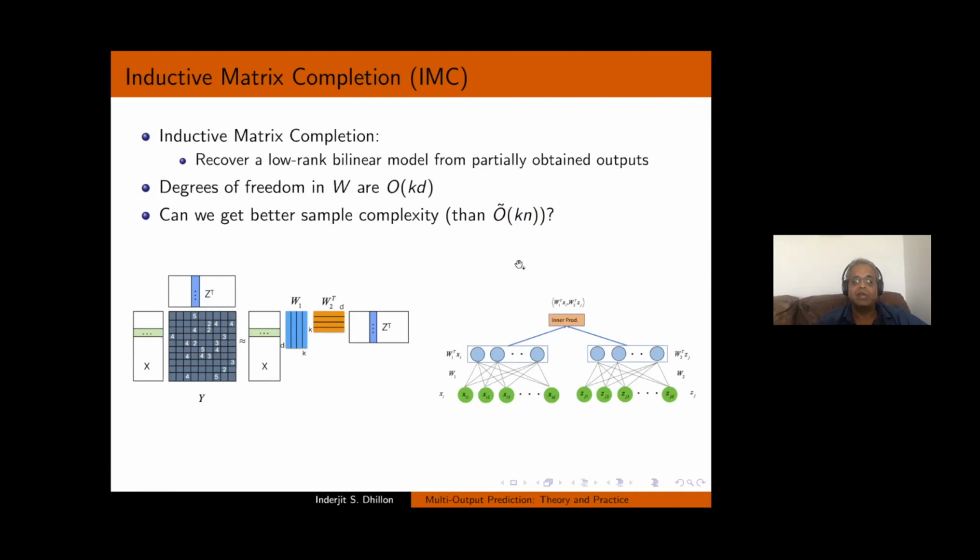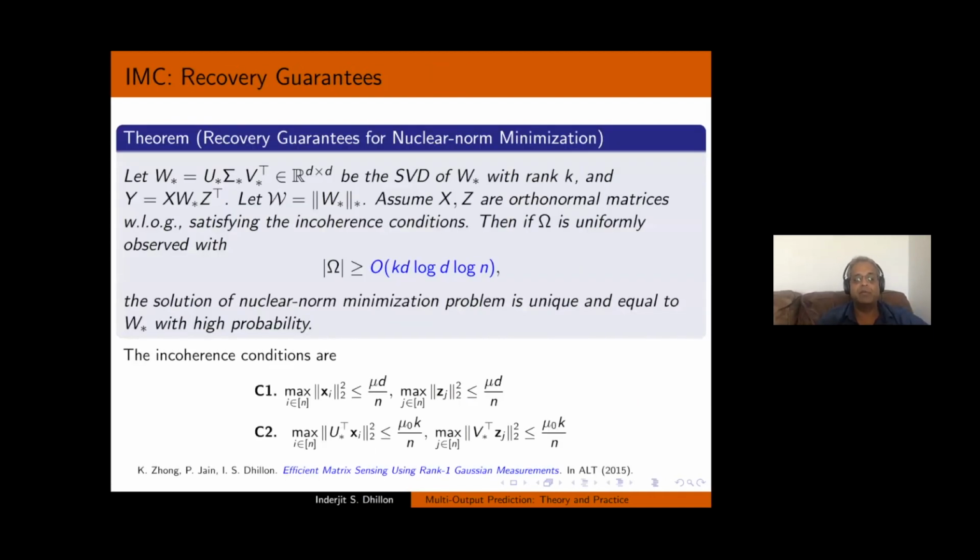Okay. So again, just as a parallel, I've included this picture, which shows that you can think of it as a neural network, of course, without any non-linearities. So the answer to this question is yes, we can get better sample complexity.